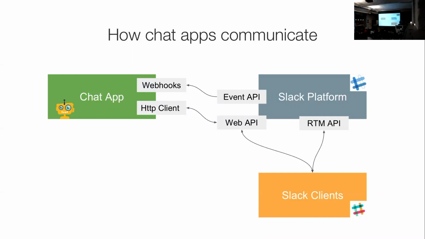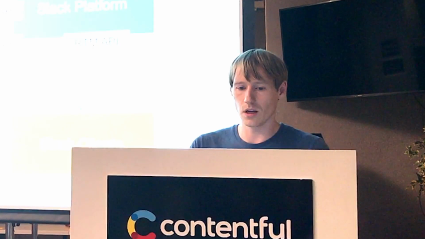This is the basic setup. One thing to notice is the chat app and the Slack clients never communicate directly with each other. They just communicate through the platform. This is the information hub, which will then notify the chat app about the events that it registered for, that it wants to be notified about.